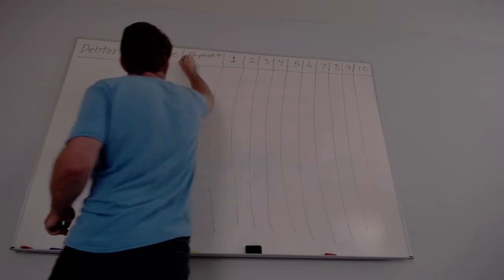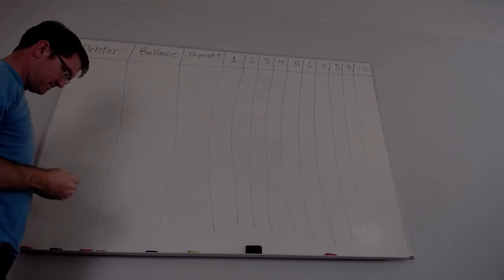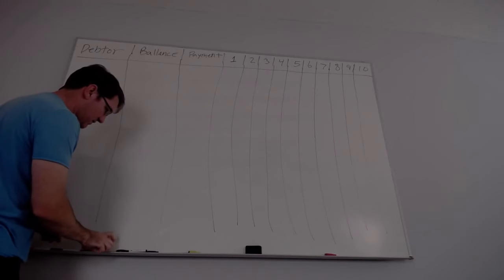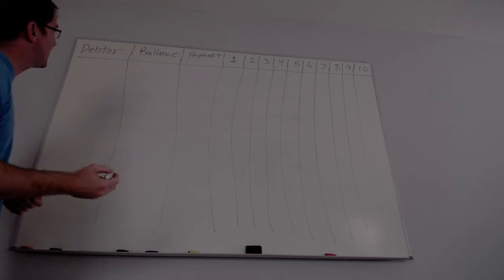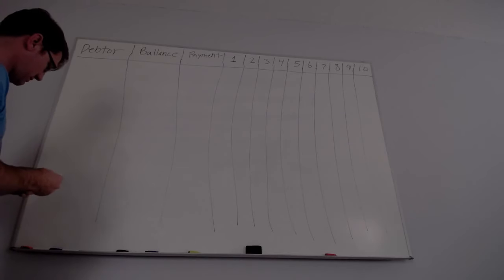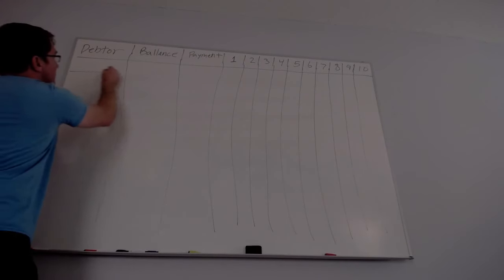It's like the worst lines ever, right? Okay, so let's do this in red. What is your balance? Oh wait, hold on. Here, we'll do like a blue line coming across.